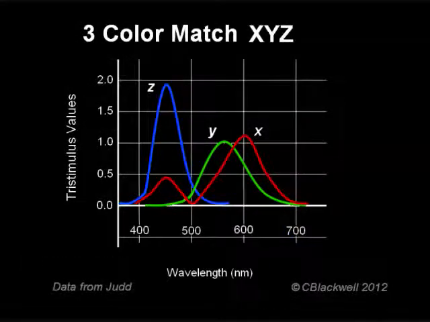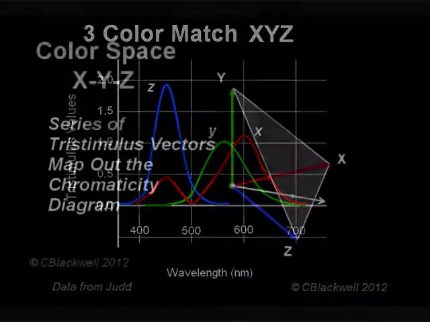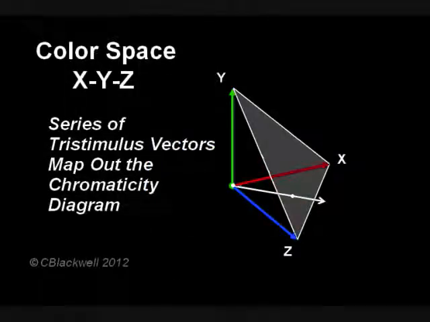Making the map involved taking the numbers from the X, Y, Z color matching graph and plotting them as follows. Here we go, mapping the vectors in X, Y, Z space, marking where they pass through the unit plane. A vector near the Z-axis would be bluish, toward the Y-axis would be greenish, and toward the X-axis would be reddish.